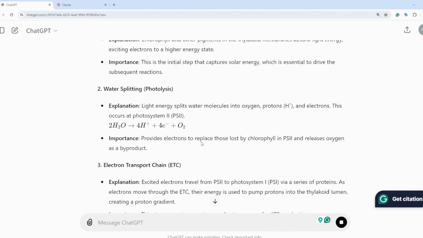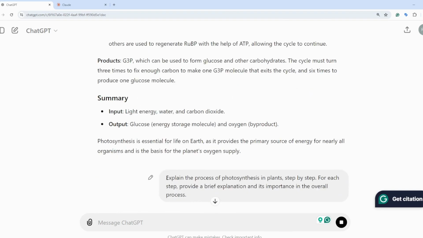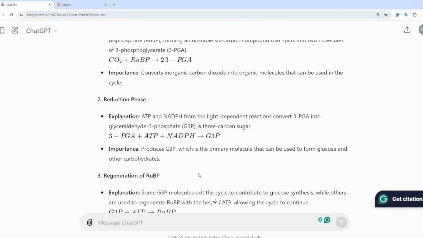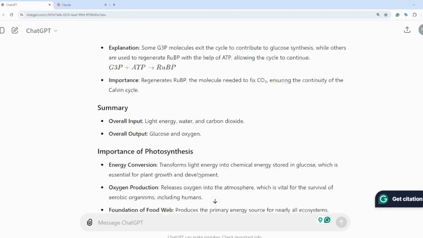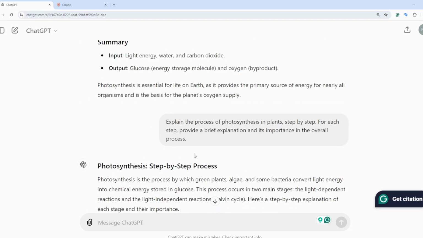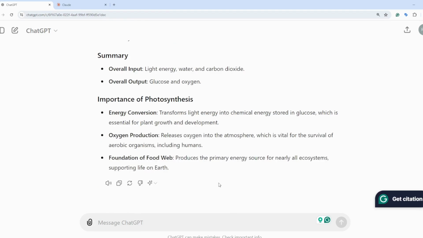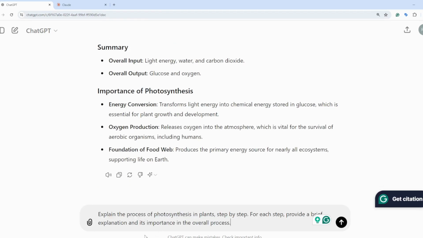If you add here also, for a student of class 6th, explain it step by step, now everything will be changed. Okay, so role is very important. Let me change it just to see. Okay, explain this process, and now I'm giving the role.